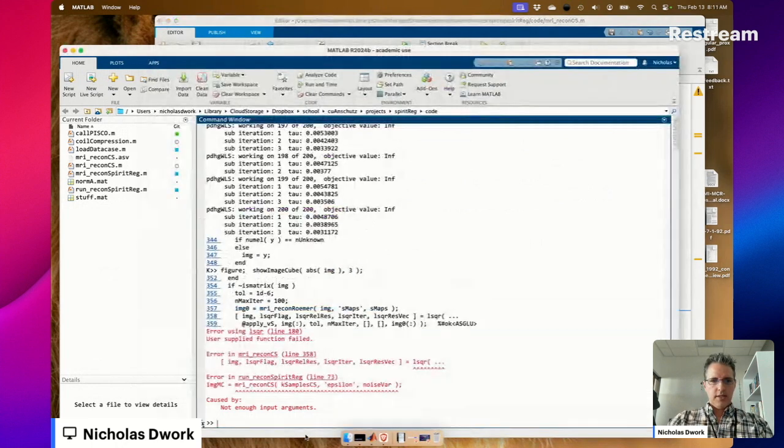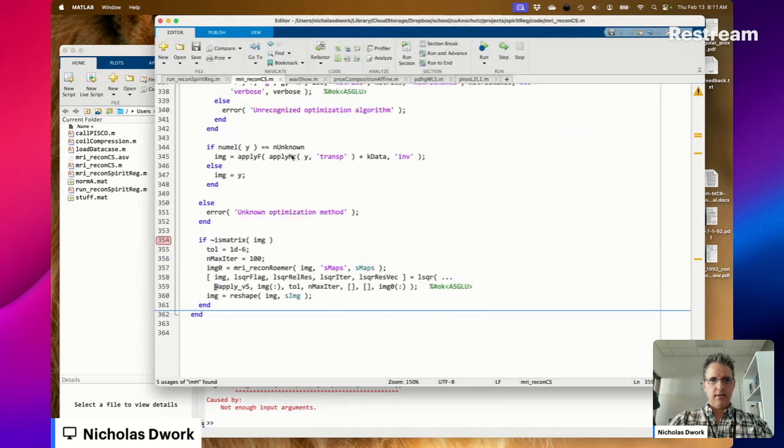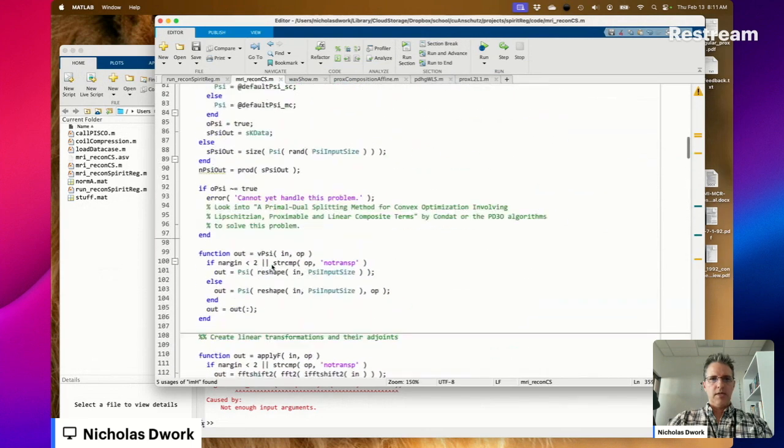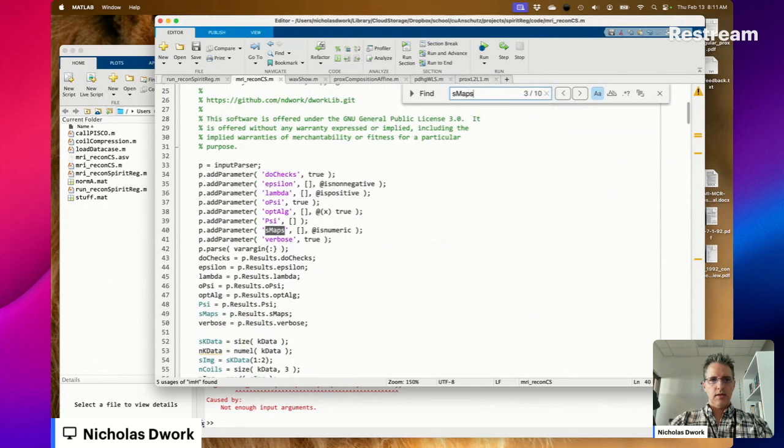And this crashes. Why did that crash? LSQR supplied function failed. What was the supplied function? Apply VS. Because I don't have S maps.